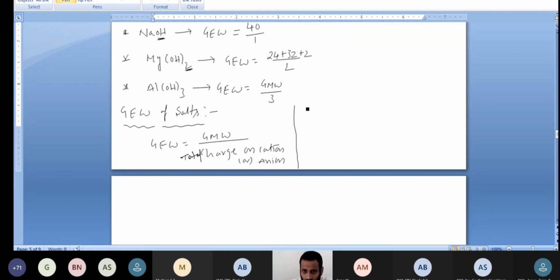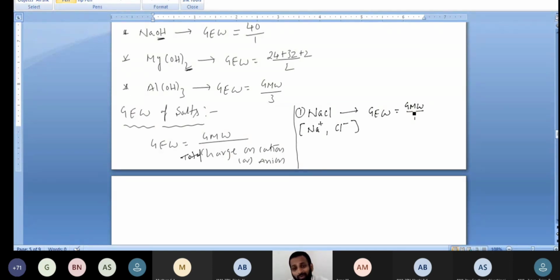Got it? So if you see some examples like NaCl, you can dissociate this as Na plus and Cl minus. This is the first example. So what will the gram equivalent weight be? Simply gram molecular weight by 1.